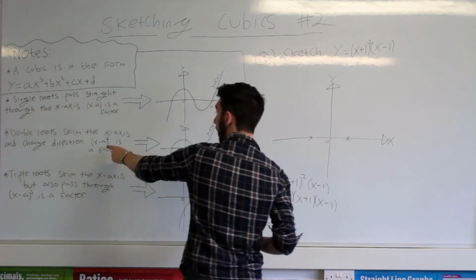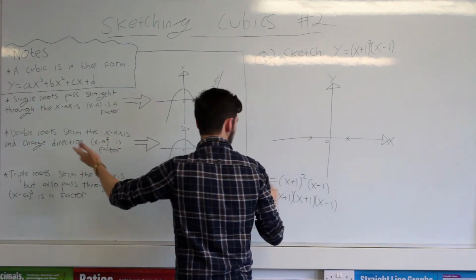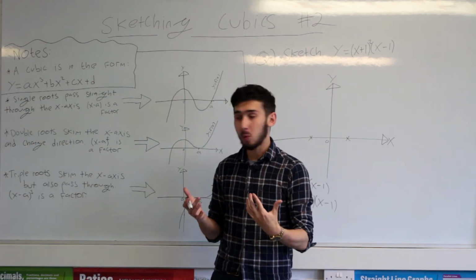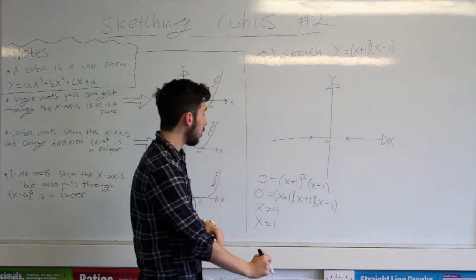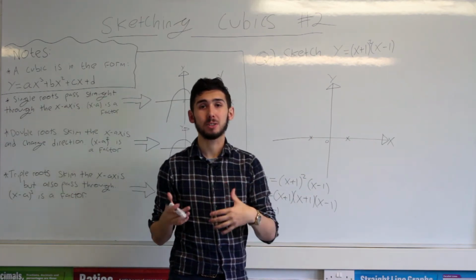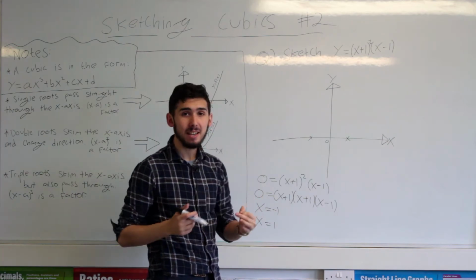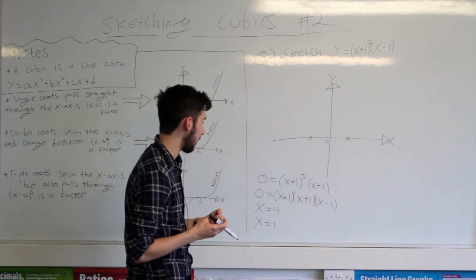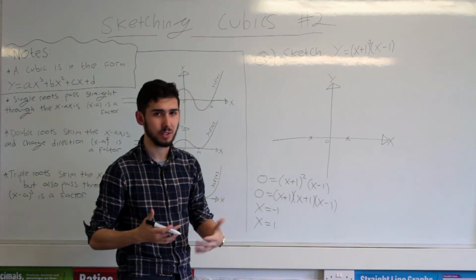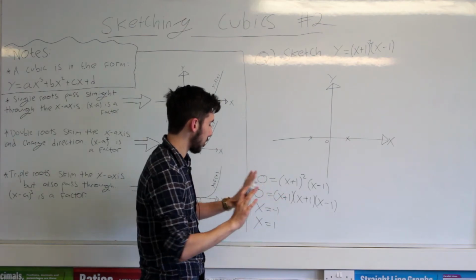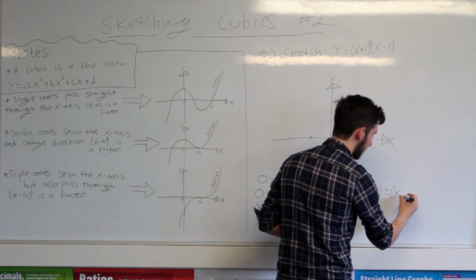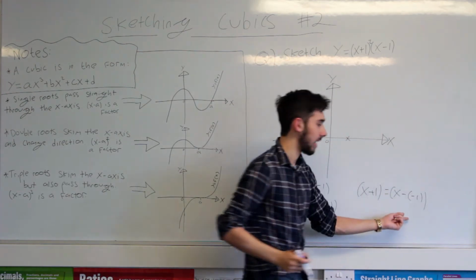Now notice, just like how I've written here, this (x plus 1) squared is in the same format as (x minus a) squared. It's just some constant. So x plus 1, remember, it's in the form x minus a, which means that a must be negative 1, because we're doing x plus negative 1, or x minus negative 1, I should say. So just to be really clear, x plus 1 is the same thing as x minus negative 1, right?